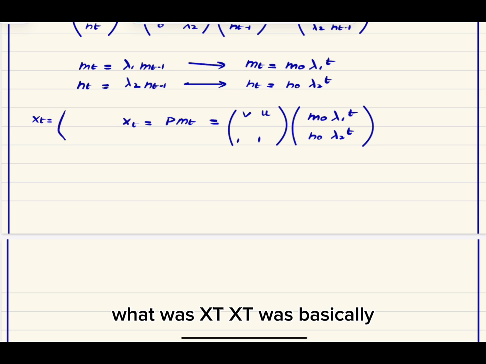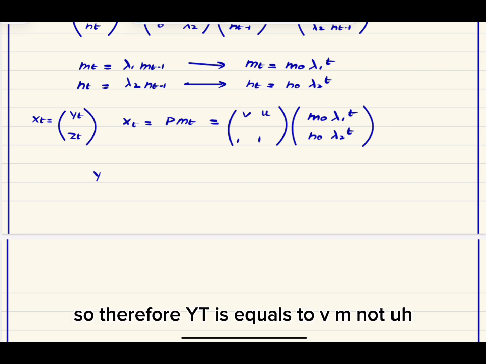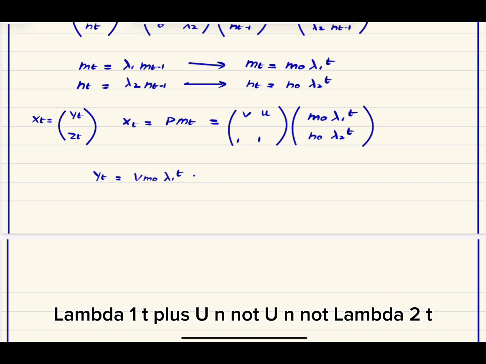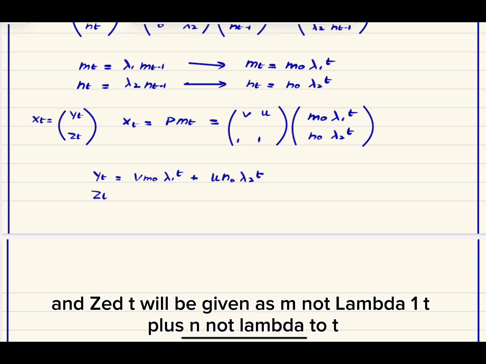Xt was basically yt, zt. So therefore yt equals v m naught lambda 1 to the t plus u n naught lambda 2 to the t, and zt will be given as m naught lambda 1 to the t plus n naught lambda 2 to the t.